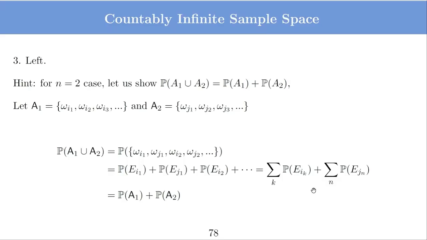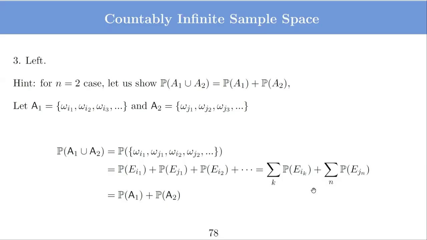Okay, so now this is just a sequence, I can break this summation into two parts. One would be the summation of all terms of EI and another would be all terms of EJ. So this will be the summation over K of P of EIK, and then the summation over N of P of EJN. Where you are changing K from 1 to infinity, it will be EI1, EI2, EI3, and then if you change N from 1 to infinity, it will be EJ1, EJ2, EJ3. Okay, now what is the probability of EIK?